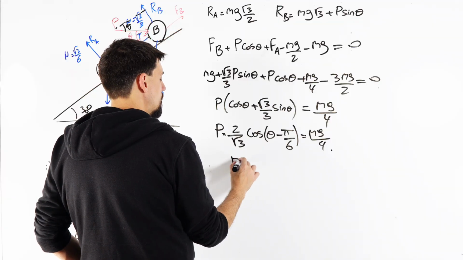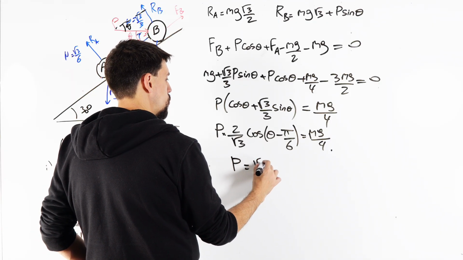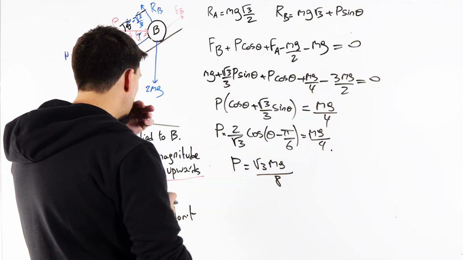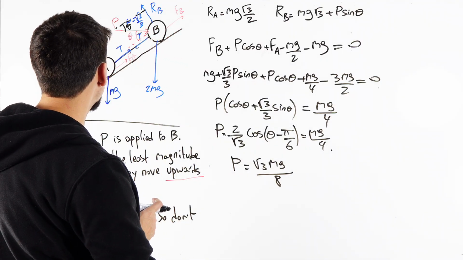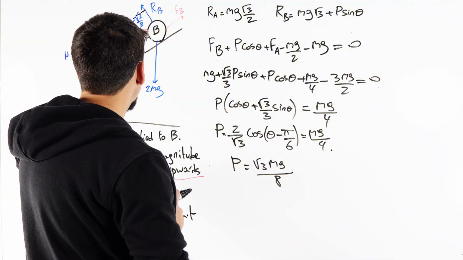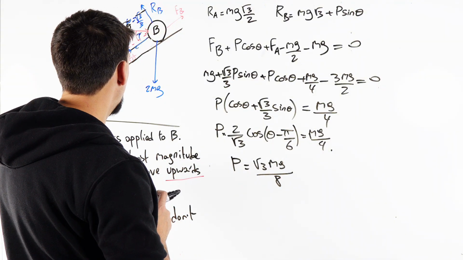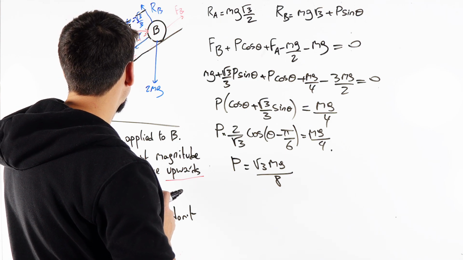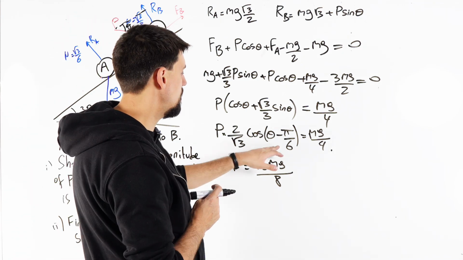So the magnitude of P that I want is root 3 mg over 8. Now the direction here would suggest that I want to be pushing upwards. Right? According to this, I would quite like to be pushing upwards. Either way, the direction is pi over 6.